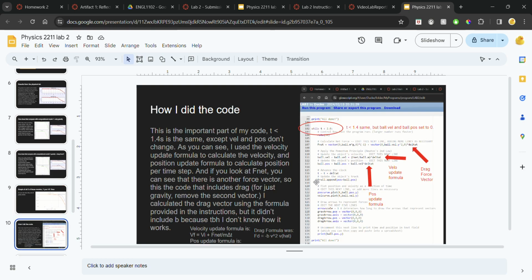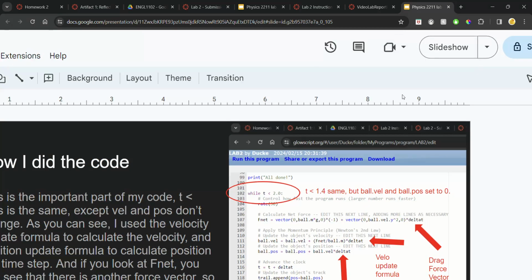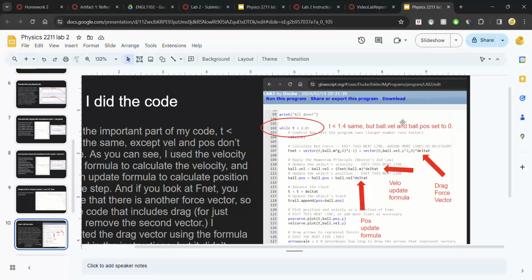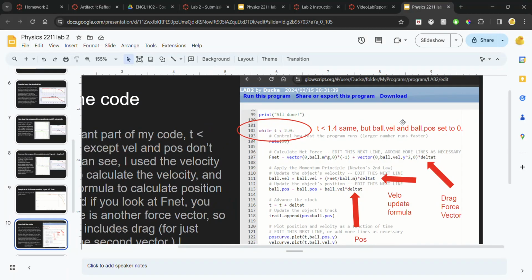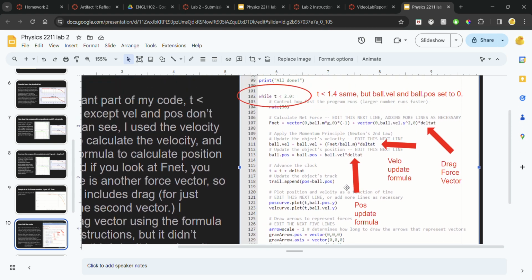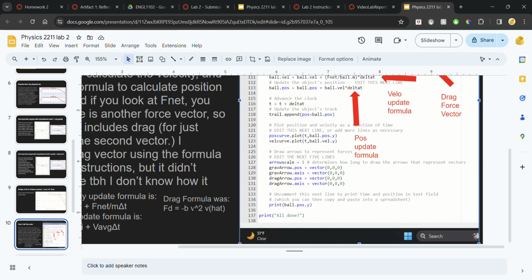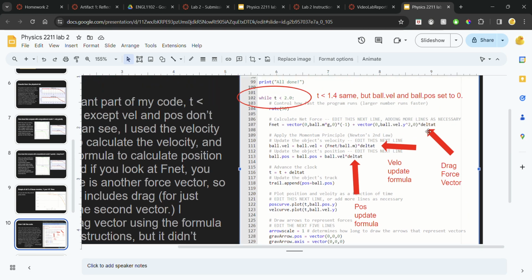Here's how I did the code. I'm going to zoom in here, but this is a segment for t less than 2. This is the same as you can see, but it's all set to 0. This is the important part though. How I calculated with drag is I used this drag formula equation that was given to me, and I multiplied it by delta t.